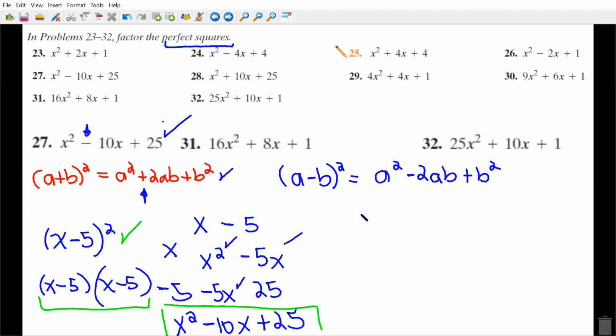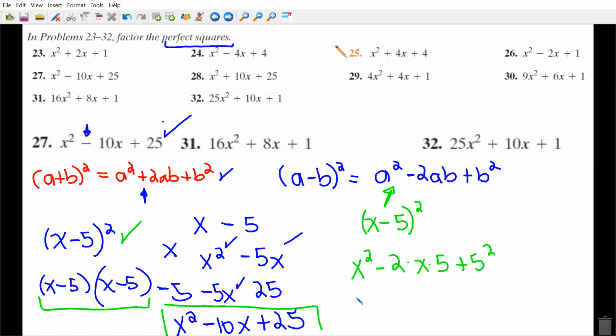Teacher, but I don't want to do all that method. I want to use this formula. Okay, no problem. It says, take the first one and square it. Then subtract 2 times the first one times the last one. And then add the last one squared.